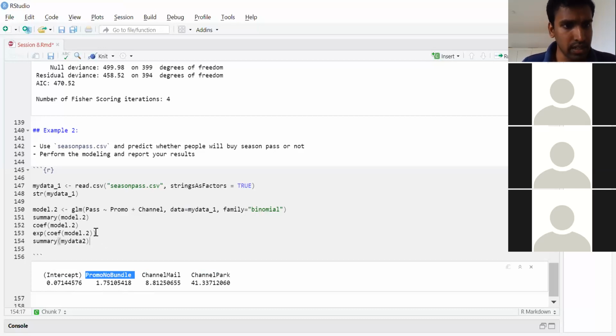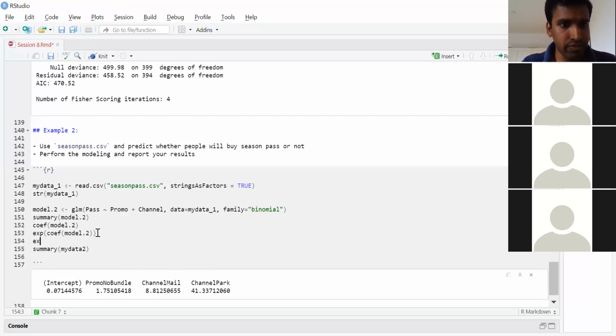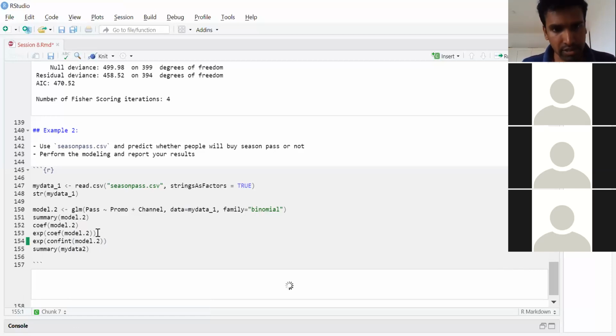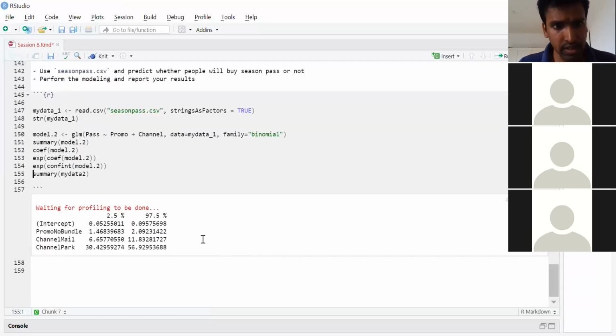Okay. And we forgot to work on this confidence interval, right? Anyone know about confidence intervals? Exponentiated confidence intervals. What do you mean by this one? And this is really important. As a data scientist, you should also understand what confidence intervals are.